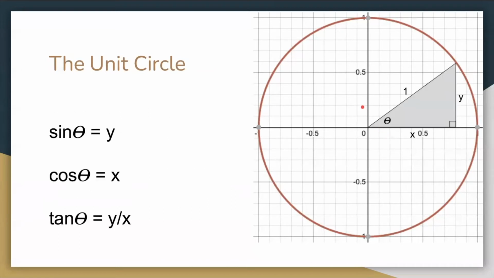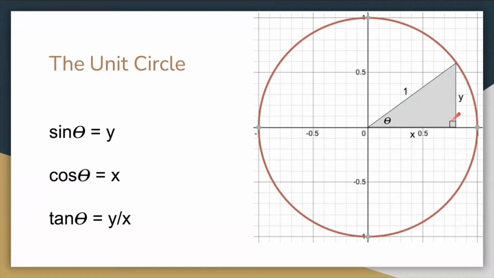So if you draw a line with angle theta from the x-axis, you can determine that sine of theta equals the y value where this line intersects the circle, cosine of theta equals x, and tangent of theta equals y over x.